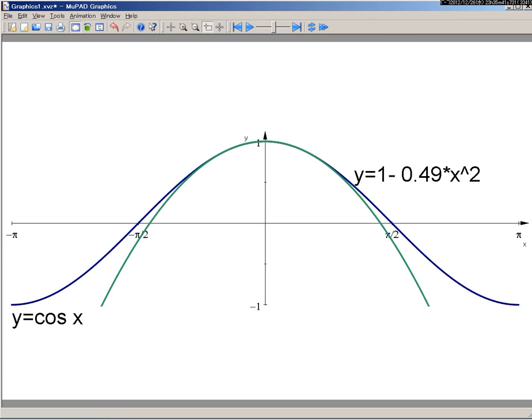So this means that y equals cosine x is nearly equal to y equals 1 minus 0.49x squared. The real second approximation is 1 minus 0.5x squared. It's very close. So we can find Taylor coefficients with computers and with our eyes.